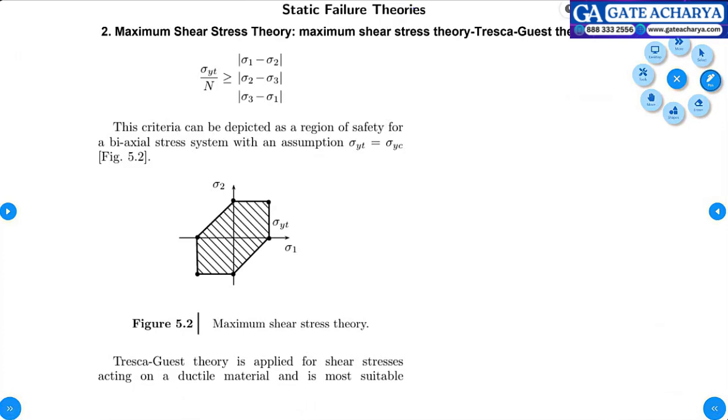So the next one, maximum shear stress theory, right? Here we say that yield strength in tension divided by factor of safety should be greater than the difference between principal stresses. Sigma 1, sigma 2, sigma 3 are principal stresses. First understand what is meant by principal stress. This is nothing but a stress component where there is only normal stress, there is no shear, that we call principal stress.